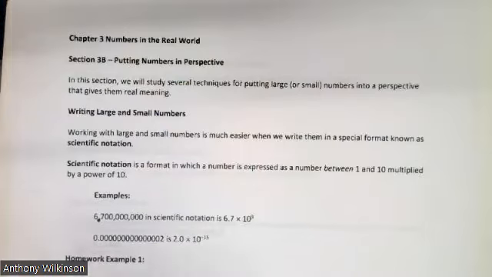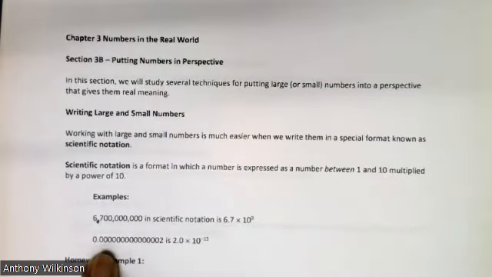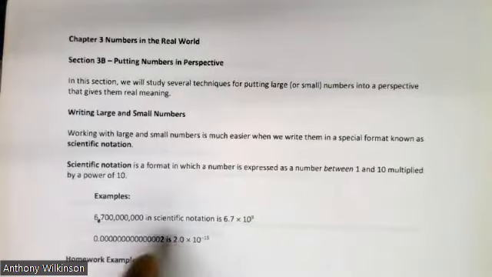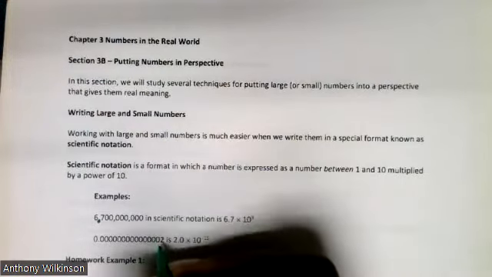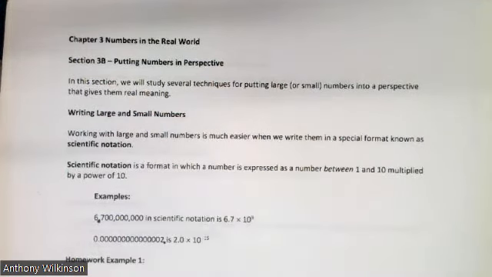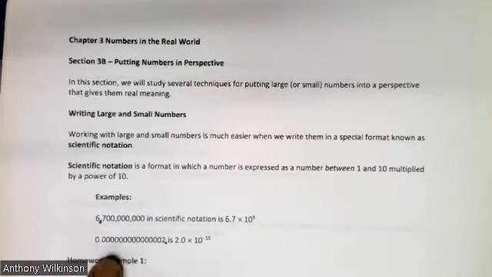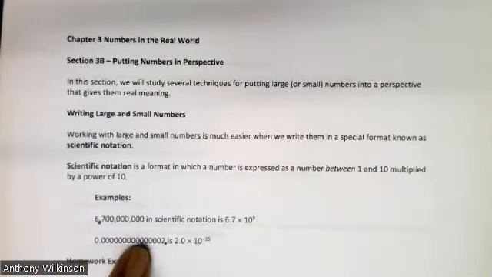And then another example would be this, the decimal point with all of these zeros and then 2. That's going to be 2.0 times 10 to the negative 15th power. And in this case, we need to put the decimal point behind the first non-zero digit, which is your 2. So you're going to have 2.0, and then you count. We have to go to the right 15 places.